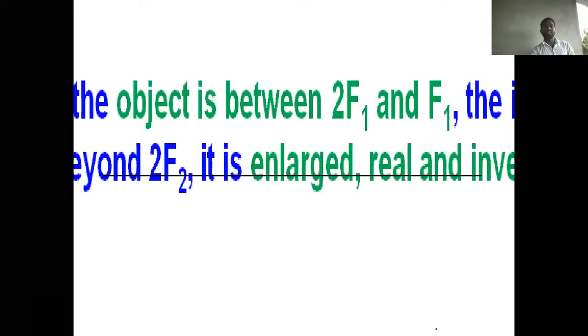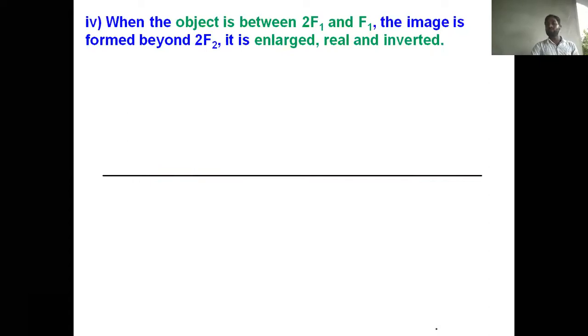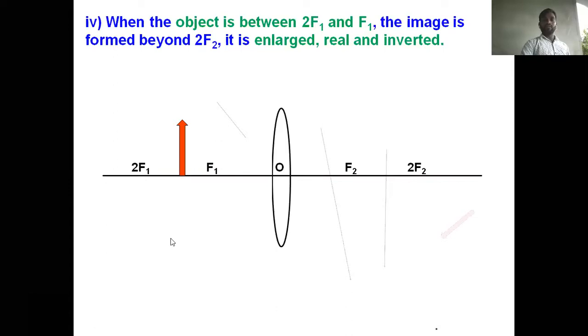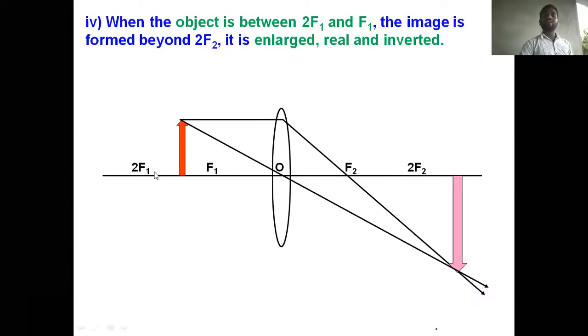Now go for the fourth condition. What about the fourth condition? The object is kept between 2f1 and f1. Here we have f1 and f2. I place the object between 2f1 and f1, at any point between those two points.